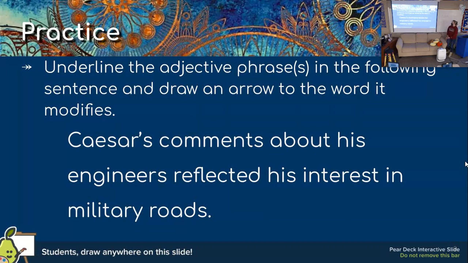Let's practice. I want you to underline only the adjective phrase or phrases that are present in this sentence. Before you underline, make sure you know which word it's modifying, and draw an arrow to the word it's modifying. If you underline it, it better be modifying a noun or pronoun, right? Because that's what adjective phrases do.